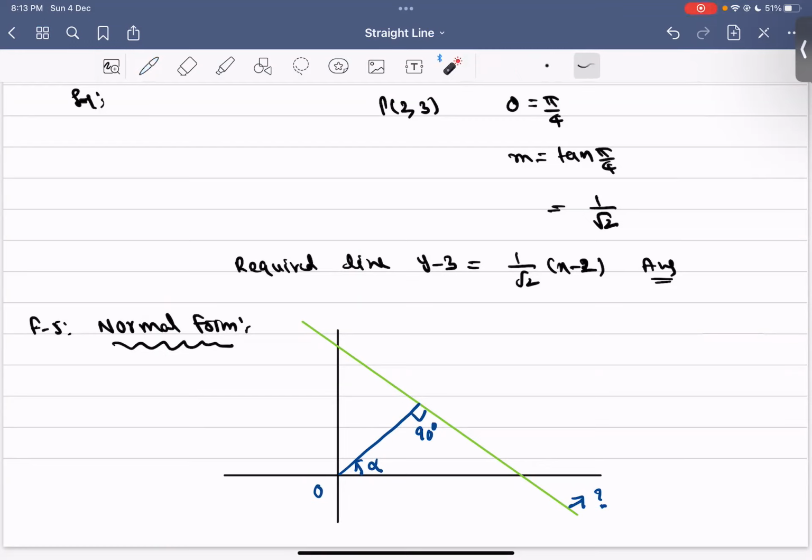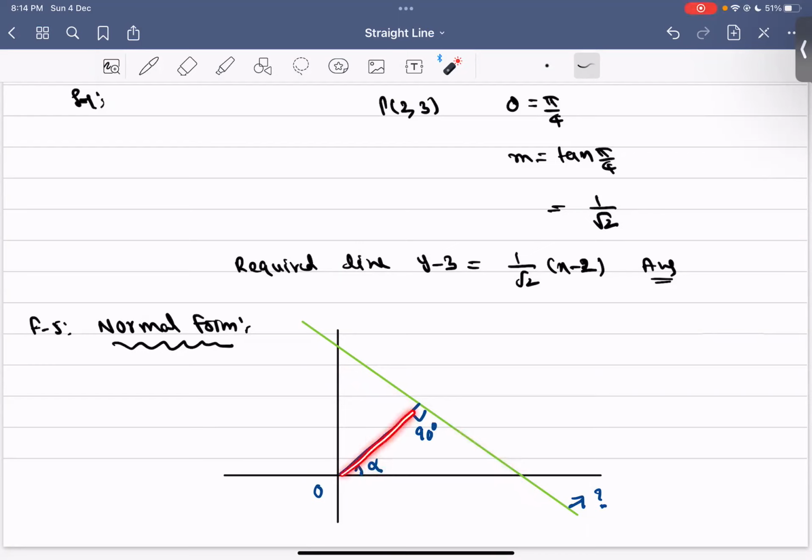Don't think that this is the inclination of the line. The angle made by the line with the positive direction of x-axis is the inclination, not this one. Don't think that tan alpha is the slope of this line. There is no relation of the slope of this line to this alpha.